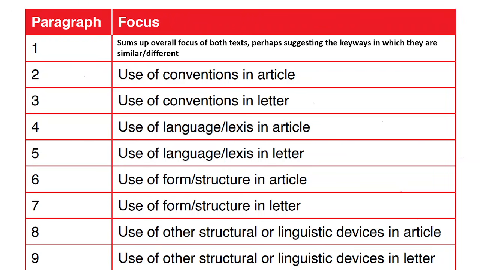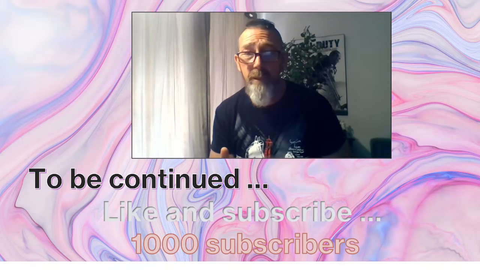You need to think about what conventions you're going to be using, what language devices, and what structural devices you're going to be using. And any other structural or language devices that you have in the text, you are writing them with purpose. With purpose.